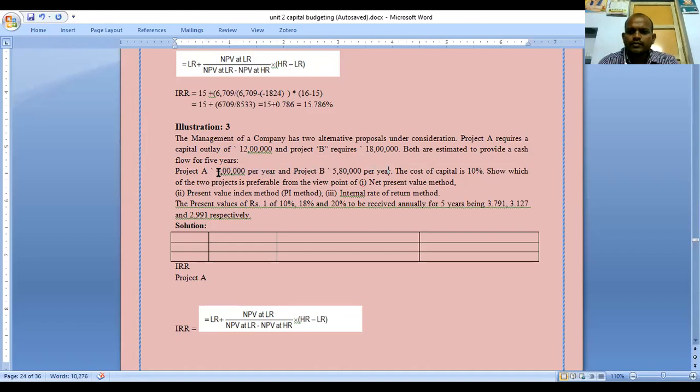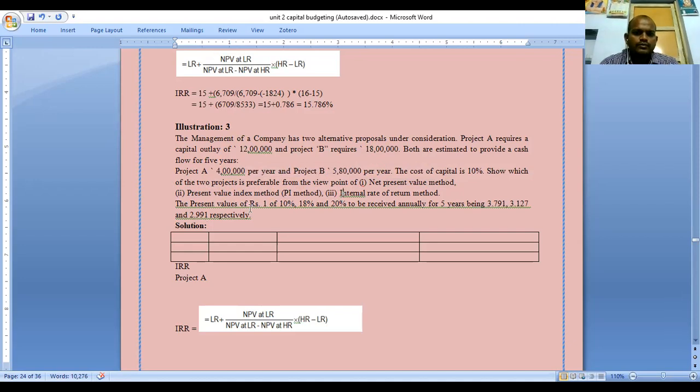So cost of capital is 10%. Show which of the two projects is preferable from the viewpoint of net present value method, present value index method, profitability index, that is, and internal rate of return.